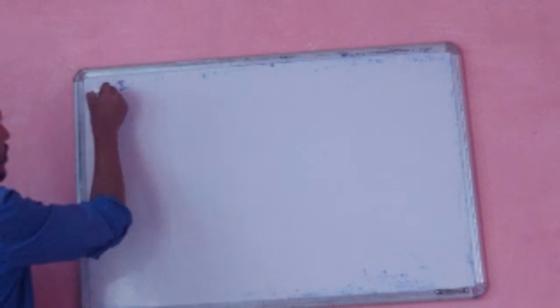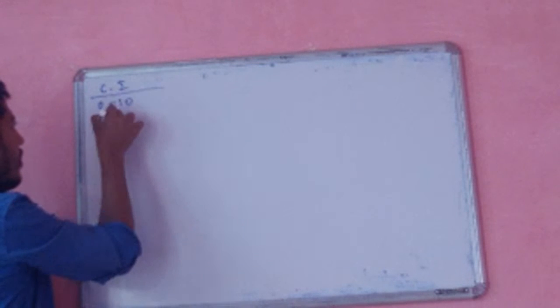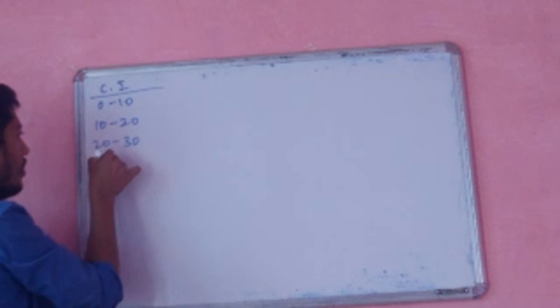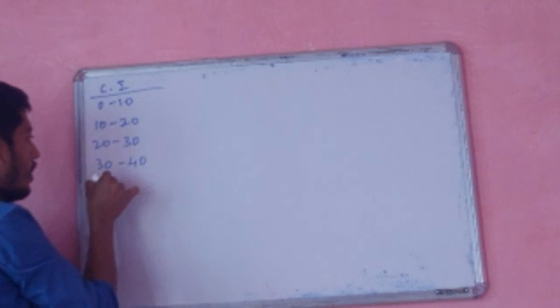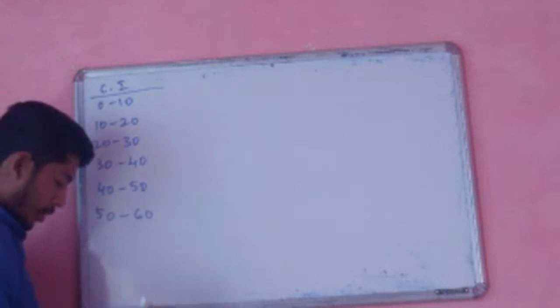I'll write the class intervals: 0 to 10, 10 to 20, 20 to 30, 30 to 40, 40 to 50, 50 to 60.